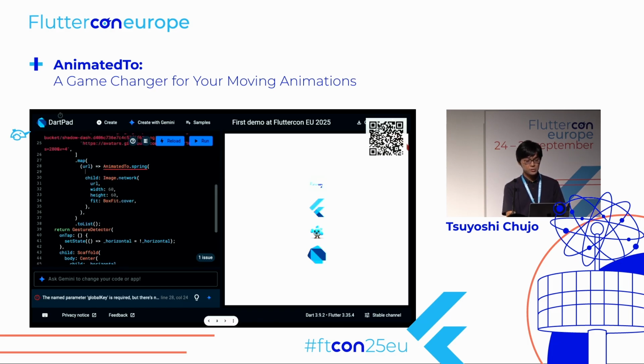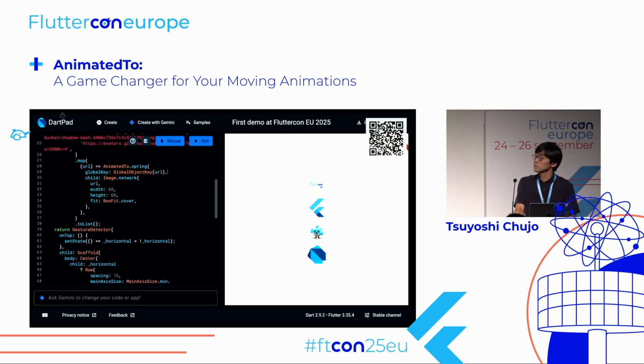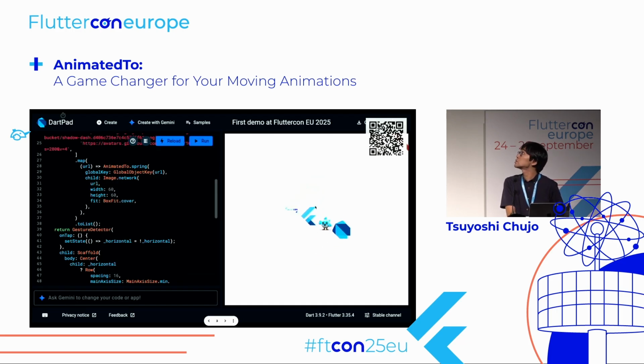And then I'll provide the required argument named global key, global object key URL, something like this, and hot reload. Now it animates. So that is the basic behavior of the AnimatedTo package.